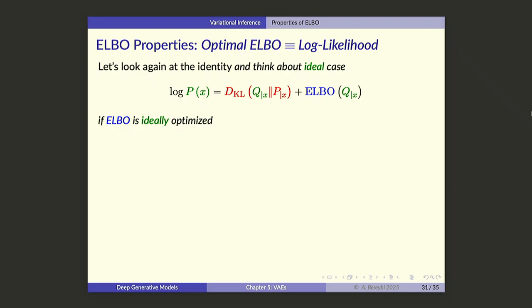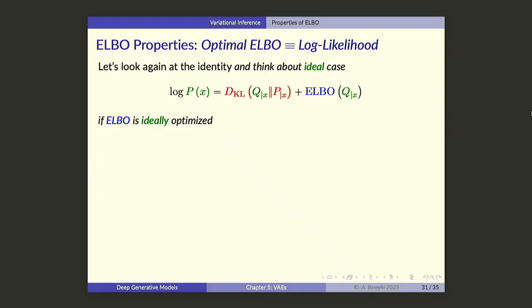So the log of evidence is the bad KL plus ELBO, right? Now, think about the case where I can actually realize any Q distribution. That Q distribution is any possible distribution ever. If I really have that case, when I maximize this ELBO, what's going to happen?